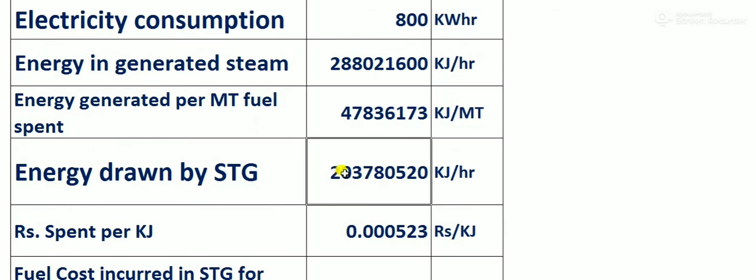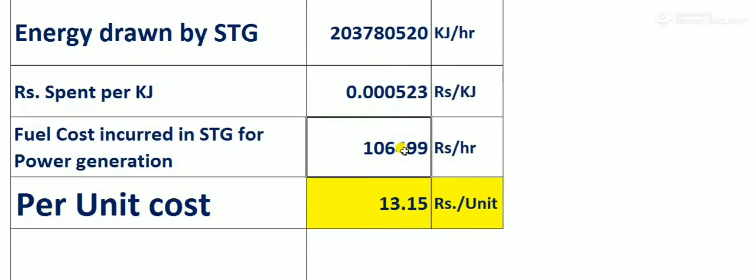For STG only, because we are extracting steam, we subtract that, and then calculate how many rupees we are spending per kilojoule. By that we calculate the fuel cost required for STG power generation. From this we subtract the self power consumption, and that gives the power generation cost in the STG.